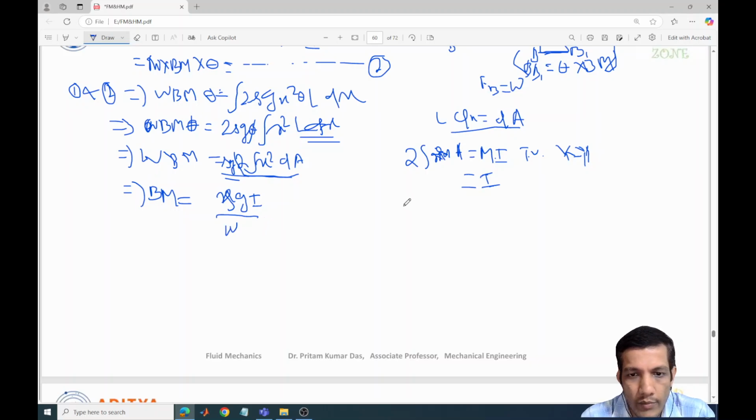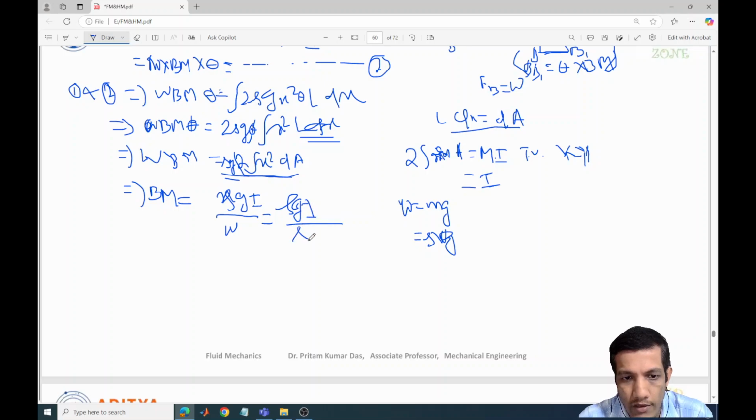We know that W equals mg, and in place of m we can write rho into V into g. So we can write rho g I divided by rho g V. Rho g cancels, giving I by V.